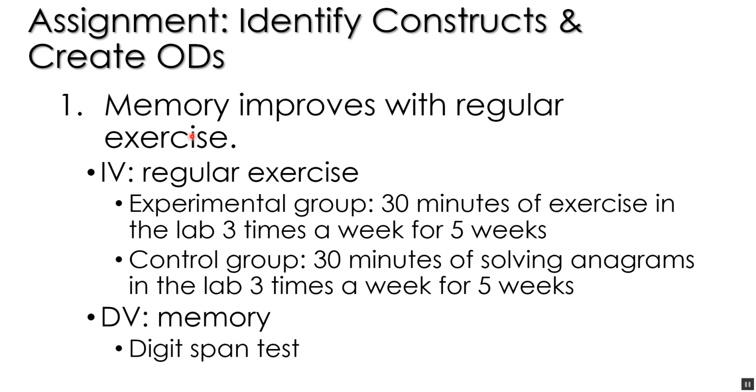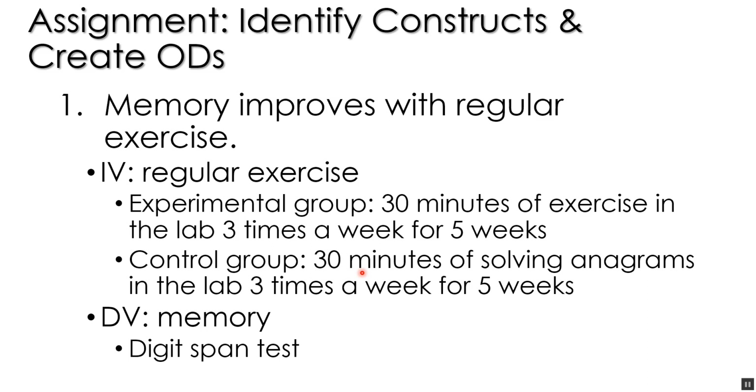And so to fill out the rest of that experiment, you'd need an operational definition of the IV and the DV. For the IV, the experimental group would go to the lab for 30 minutes of exercise 3 times a week for 5 weeks. That's our operational definition of regular exercise.